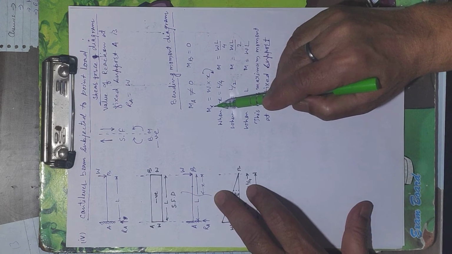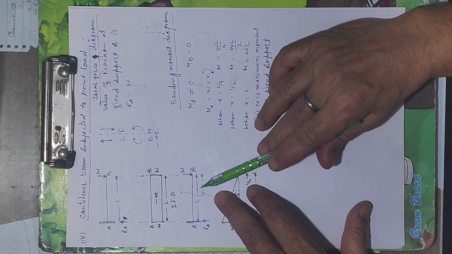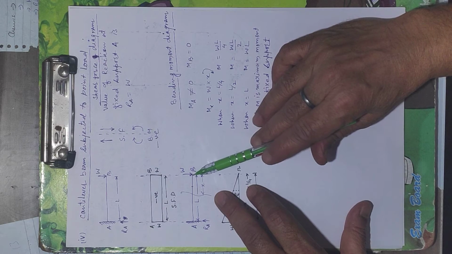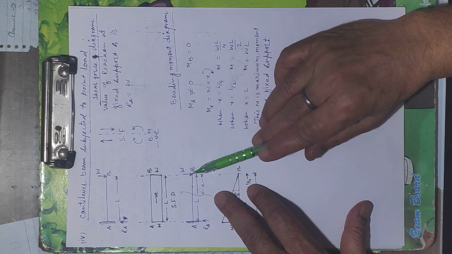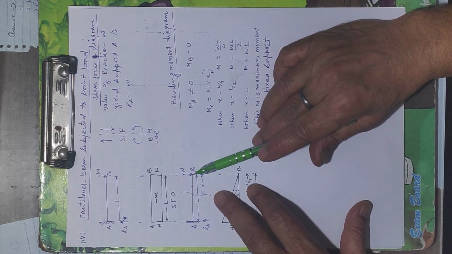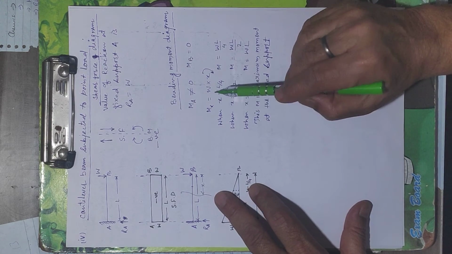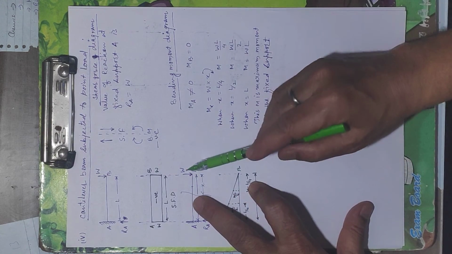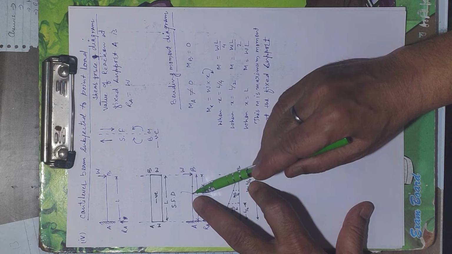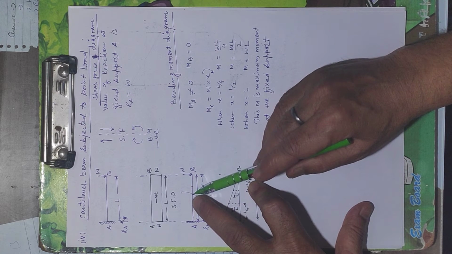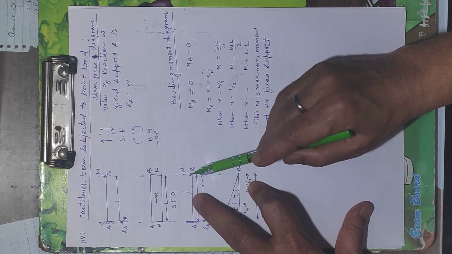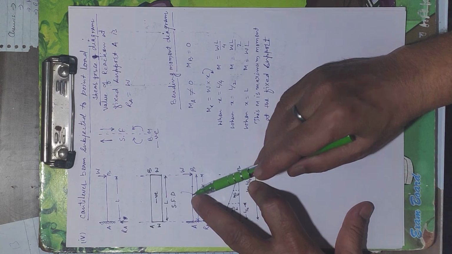So the value of Mx, the moment at a distance x from B, we always start from the free end. In the case of a cantilever, Mx is equal to W into the distance x where we have taken the section.